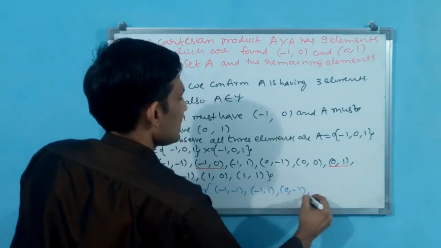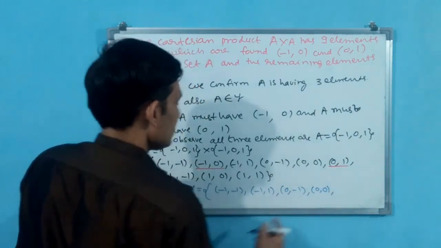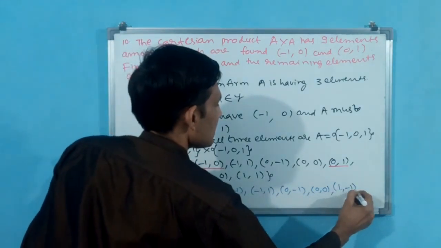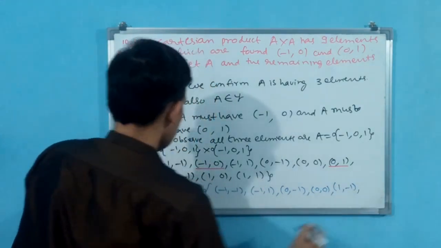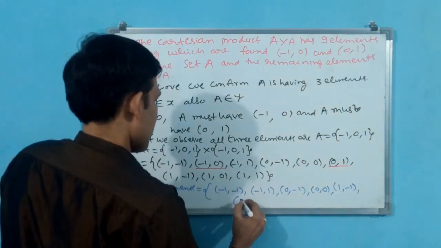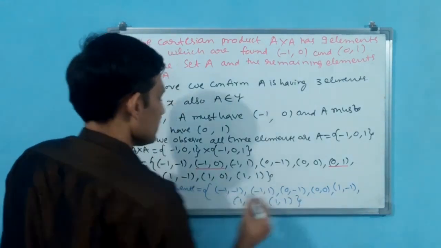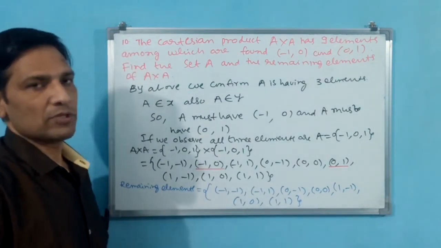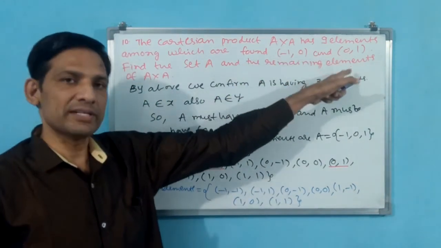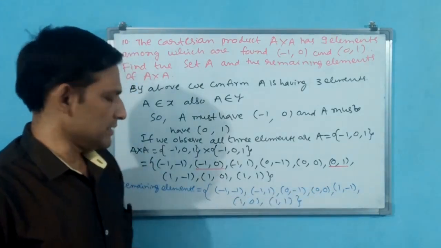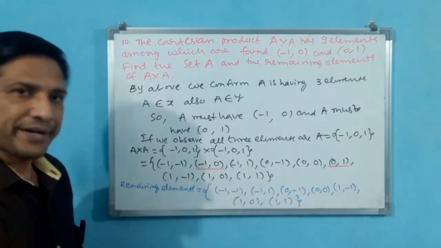Then 0, -1, 0, 0, and 1, -1, then 1, 0, 1, 1, close. Why? Because the remaining 7 have to come. 9 elements, 2 elements already given. 1, 2, 3, 4, 5, 6, 7. This is your answer for the 10th question.